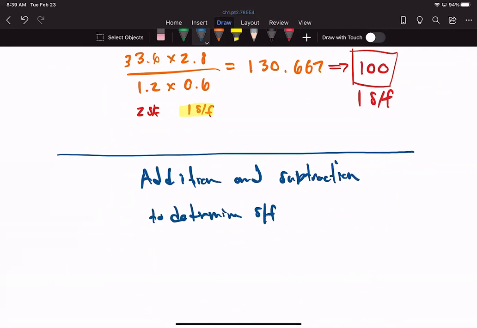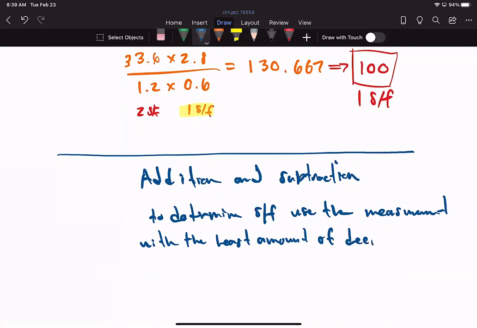To determine the significant figures, we use the measurement with the least amount of decimal places. The measurement with the least amount of decimal places.